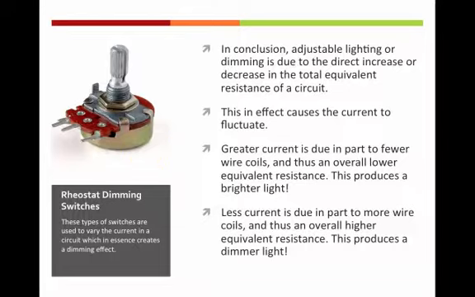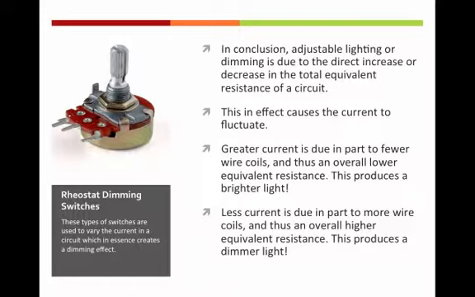Obviously, the greater number of coils, the more resistance, the less intense the light. The fewer the coils, the less resistance, and the more current, therefore the greater the intensity. Okay, so that's how dimming works.